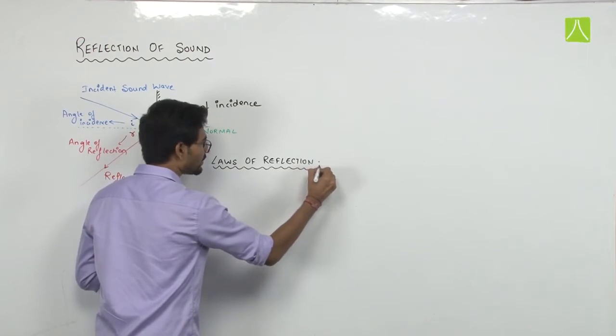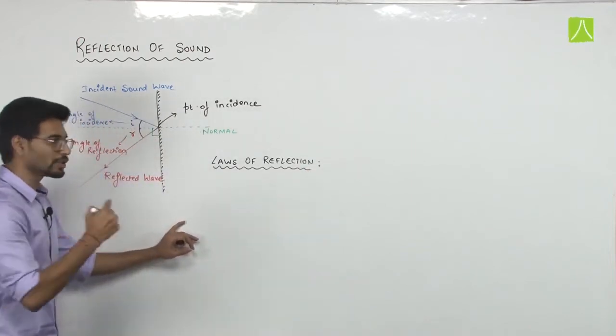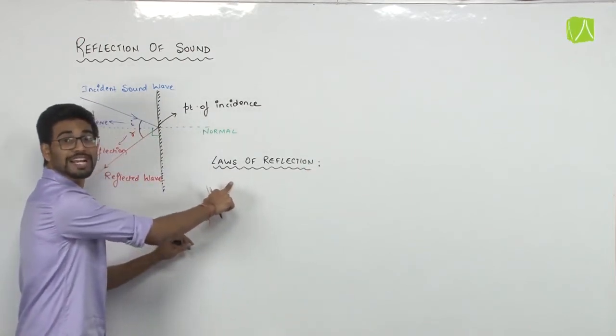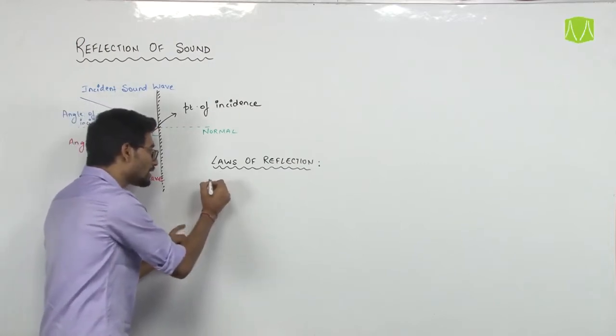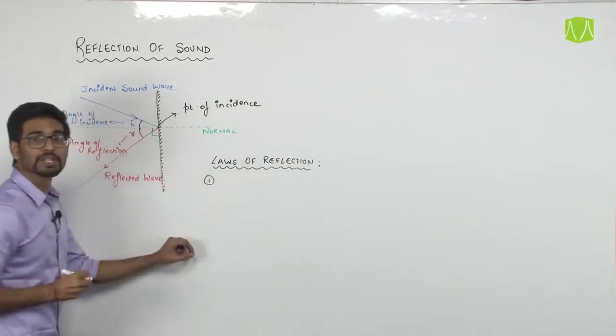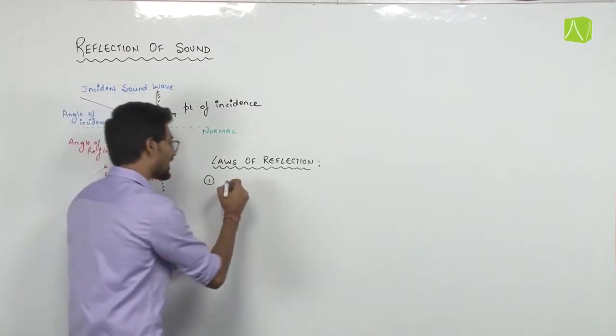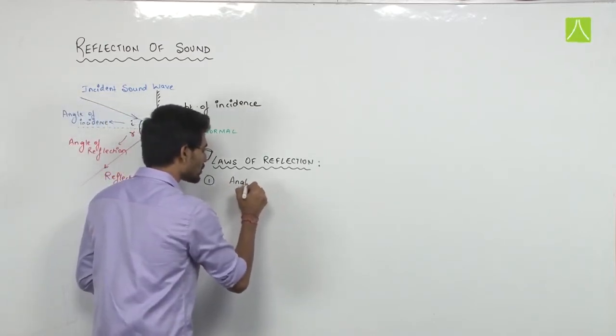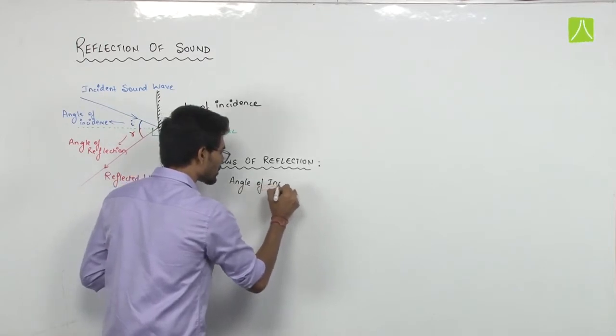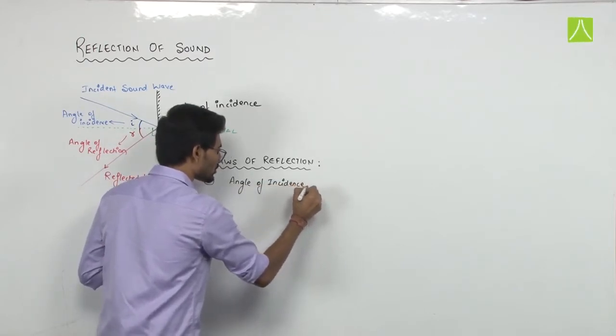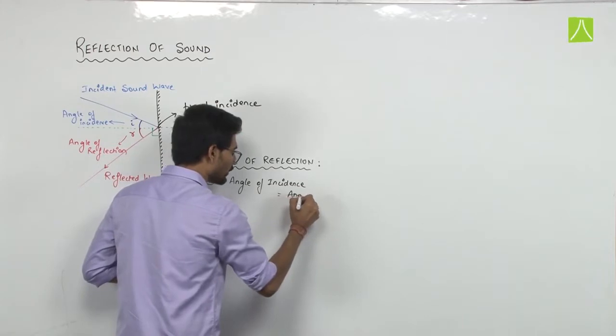Whenever there is reflection, these laws will always be followed. तो ये दो लॉ हैं जो हमको पढ़ने हैं, हमेशा जब भी रिफ्लेक्शन होगा ये लॉज फॉलो होंगे ही होंगे. The first law is that angle of incidence is equal to angle of reflection.